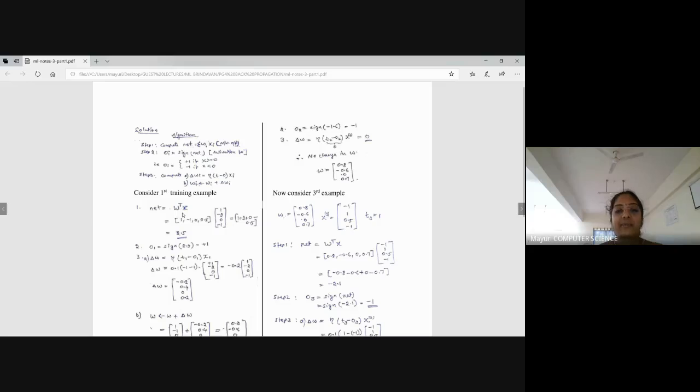Why have I transposed my weights? The importance is more for your x. So the input you take as it is, because whenever I'm doing matrix multiplication, I have to check that the number of columns in my first matrix should be equal to the number of rows in my second matrix. I cannot take the weight matrix as such.